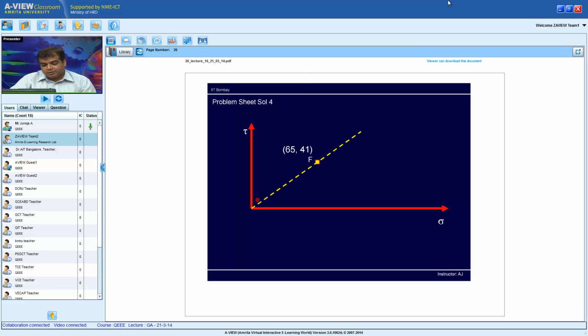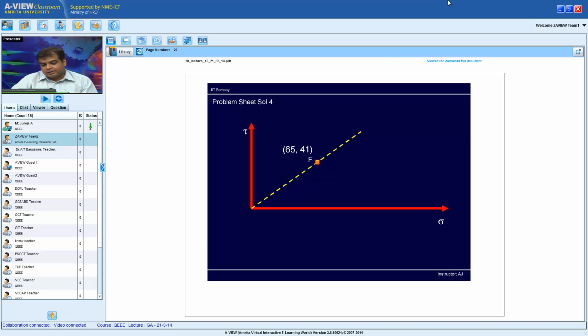So this broken line over here is the failure envelope, on which this is my normal stress and shear stress value when the sample has failed. I am aware that if I have a Mohr circle which passes through this point, this line should be tangent to the Mohr circle. Remember, it should only intersect the Mohr circle at one point.